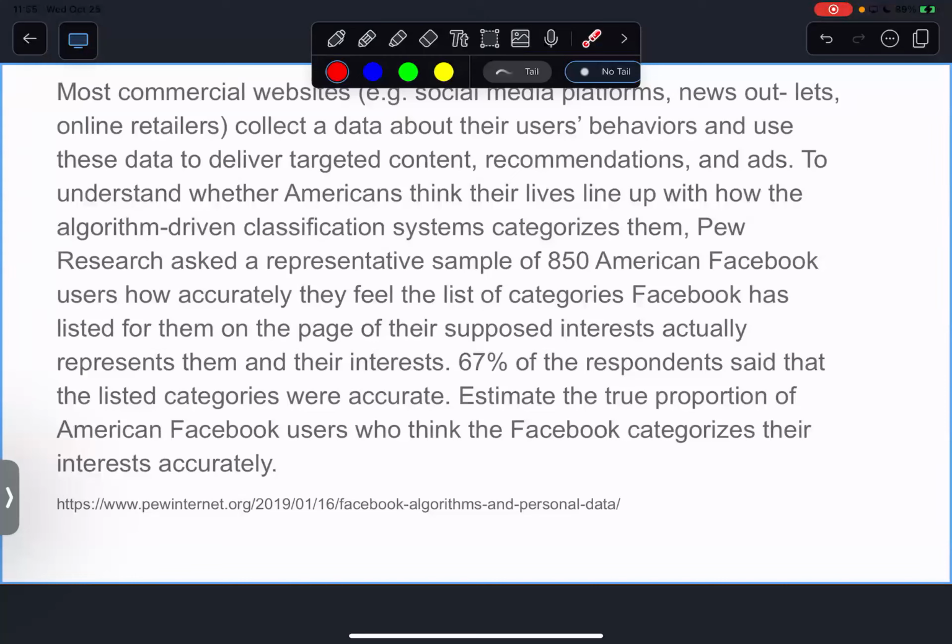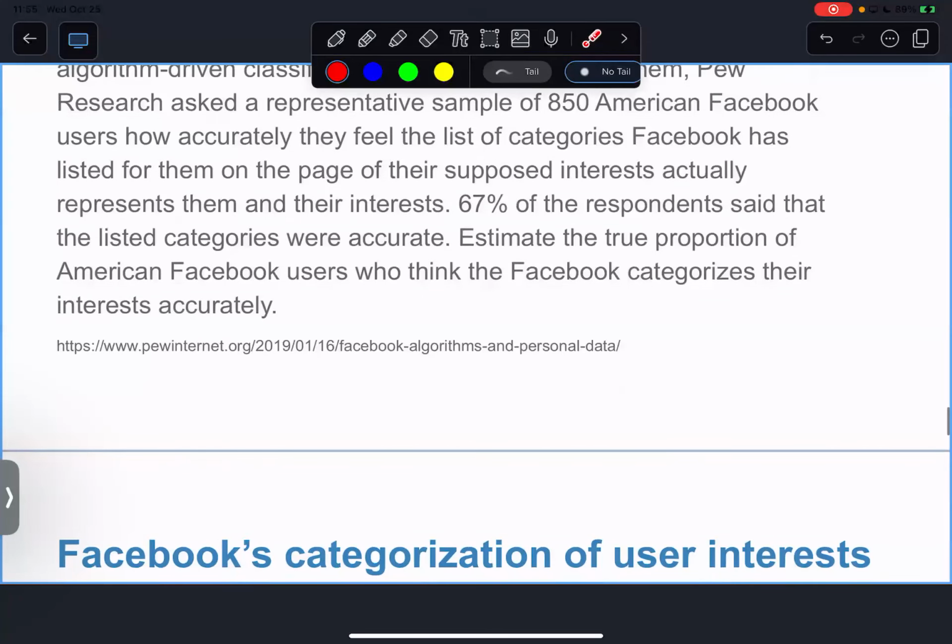Pretty good, I'd say, for my case, but I'm pretty basic, I guess. 67% of the respondents said that the listed categories were accurate. Like, yeah, you got me. Yep, I do want to buy all those things.